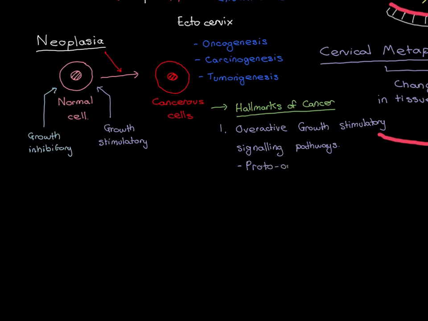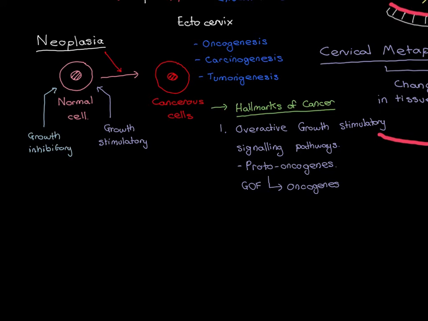So proteins involved in stimulating a cell to divide are called proto-oncogenes, and if you were to get a mutation in one of the proto-oncogene genes in the DNA, in the genome, that led to that protein gaining function, i.e. becoming overactive in some way and overstimulating the downstream elements of the signaling pathway, it's then referred to as an oncogene. So proto-oncogenes can transform into oncogenes with a gain of function mutation of some form.